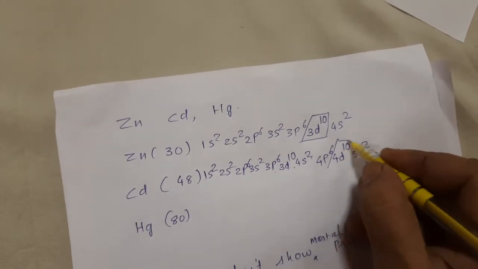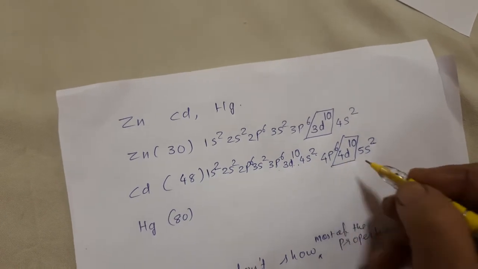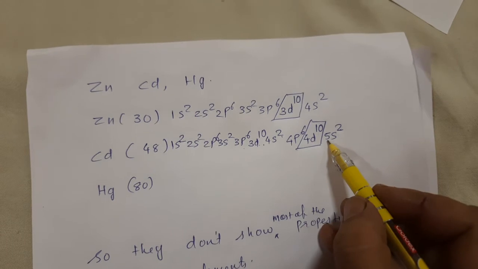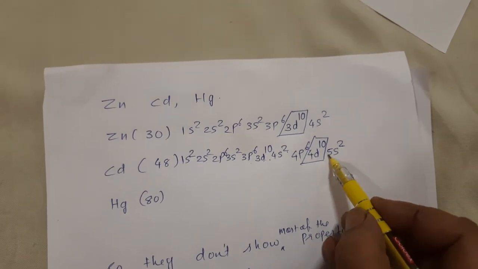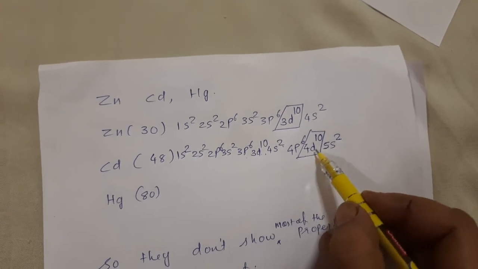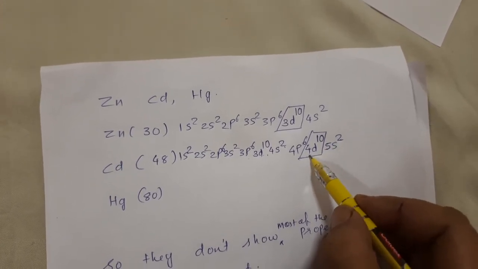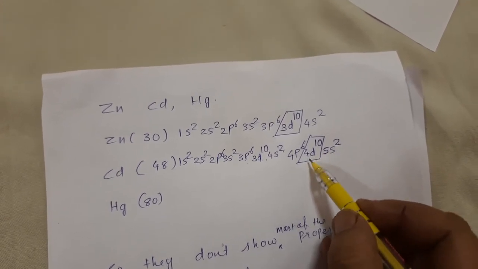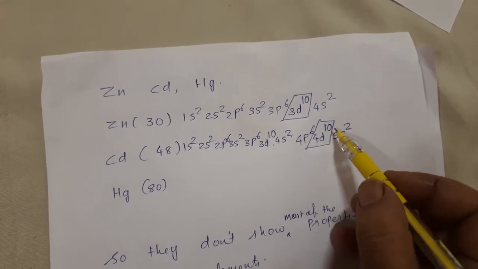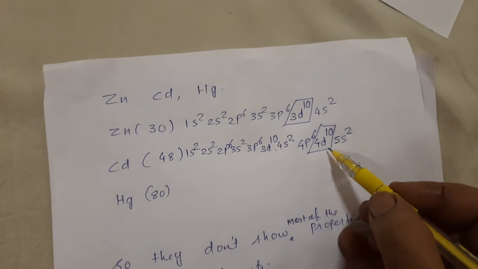If you notice, again the 4d orbital is completely filled. The principal quantum number of the outermost orbit configuration is 5. But in which orbital are the last electrons going? In d, and that d is completely filled. Why is it 4d? Because n minus 1, 5 minus 1, d, 10. Okay, so this is also completely filled.